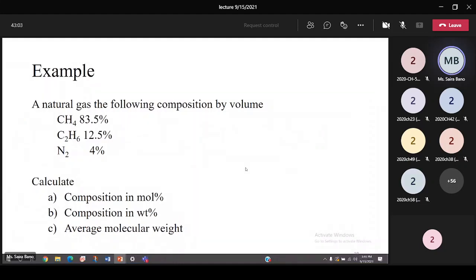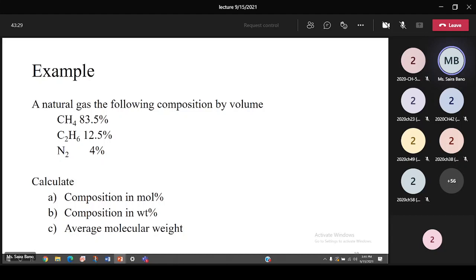Okay, so next example देखें. A natural gas has the following composition by volume. Methane is 83.5%, ethane is 12.5%, and nitrogen is 4%. We should calculate composition in mole percentage, composition in weight percentage, and part C is average molar mass, average molecular weight.